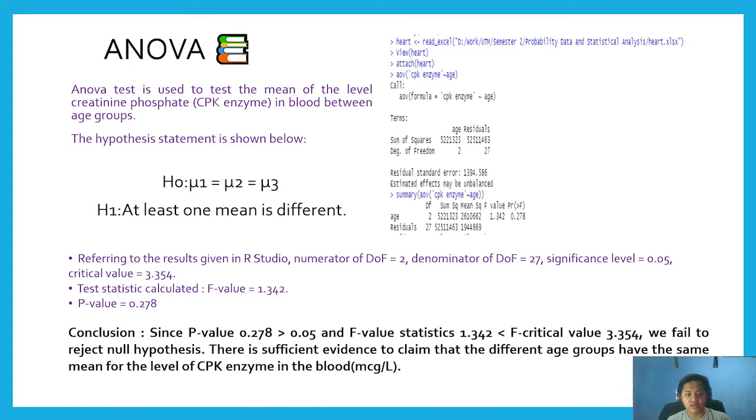So as for the conclusion of this test, since the p-value 0.278 is greater than 0.05 and the F-value statistic 1.342 is less than the F critical value, which is 3.354, we fail to reject the null hypothesis. There is sufficient evidence to claim that the different age groups have the same mean for the level of CPK enzyme in the blood. So that's all for the ANOVA test.